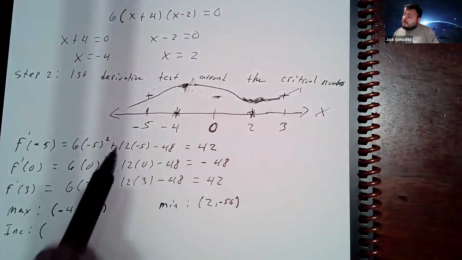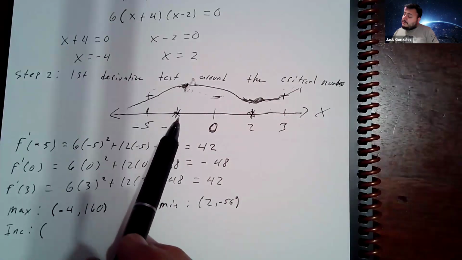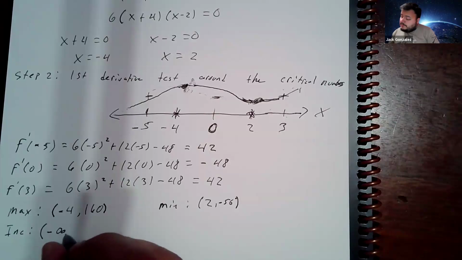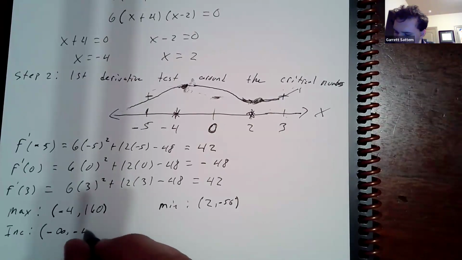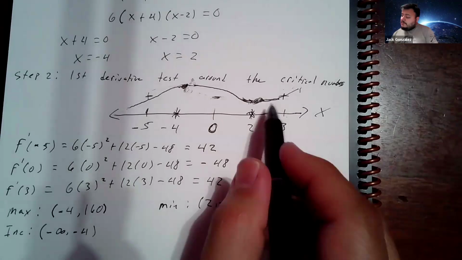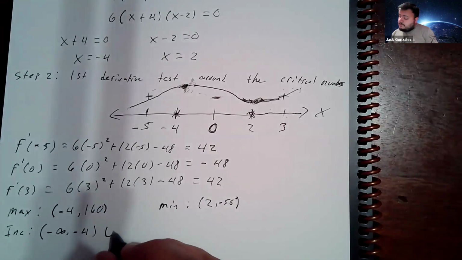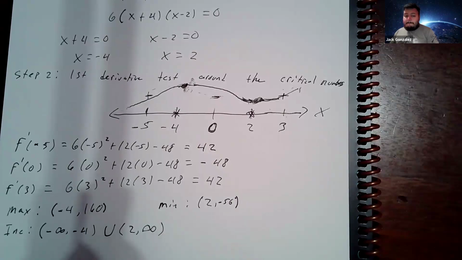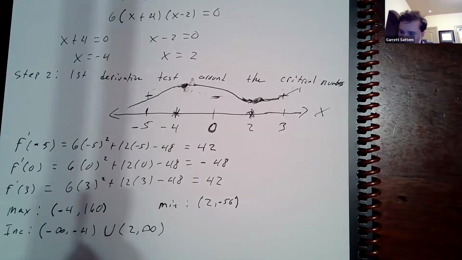So before this critical number, we're increasing. So negative infinity up until we get there. And then everything after 2. See what I mean? Yeah, I see.